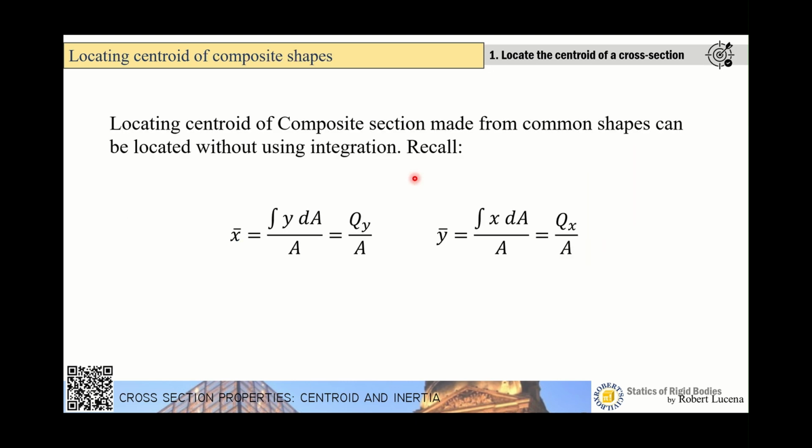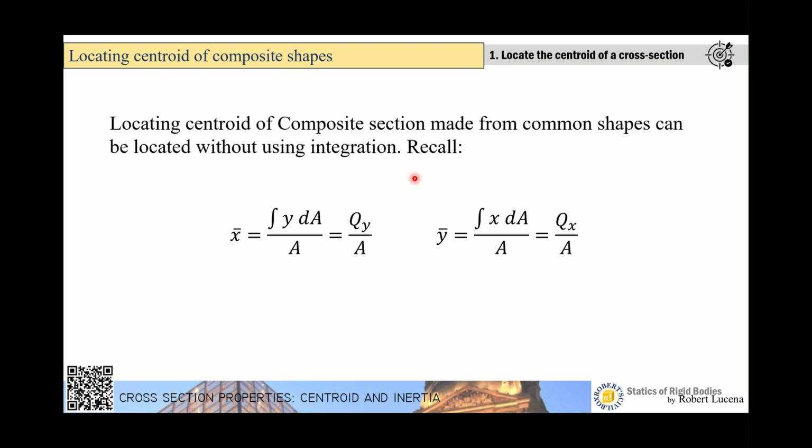Now, to simplify the calculation in locating the centroid, we use the principle of composite shape, the composite shape method, because we are trying to avoid the use of integration. Recall that in your integral calculus subject, locating the centroid has been part of the application.